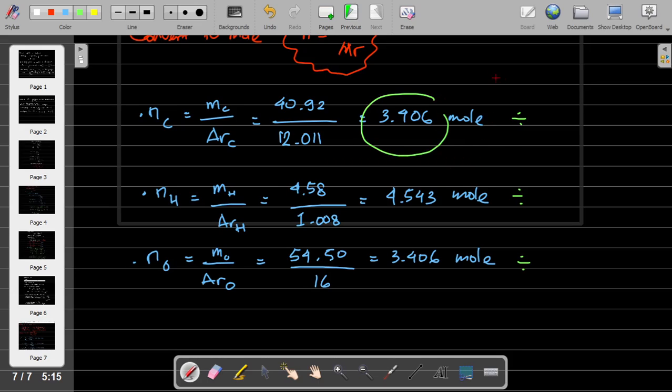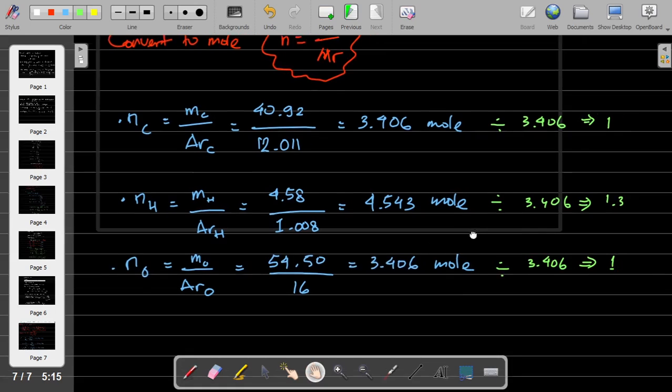So the smallest value is 3.406, and the values will be 1, 1.3, and 1.